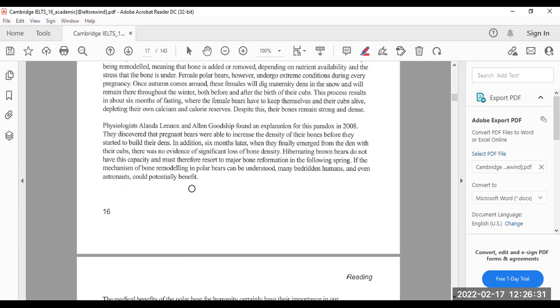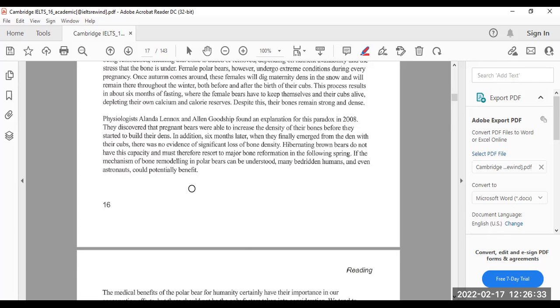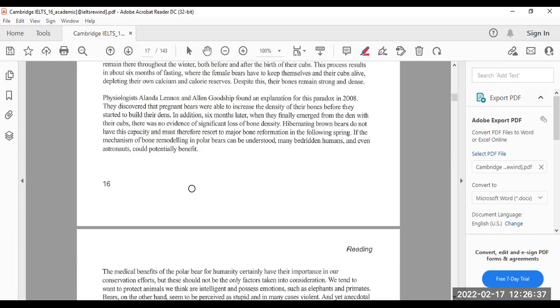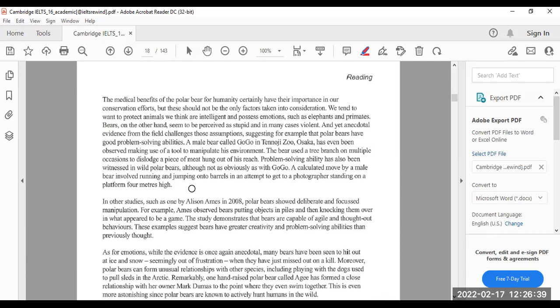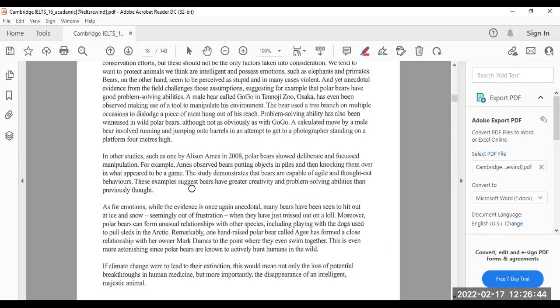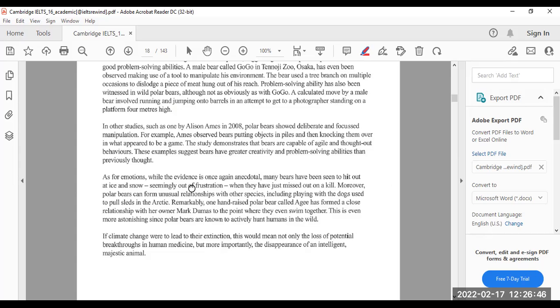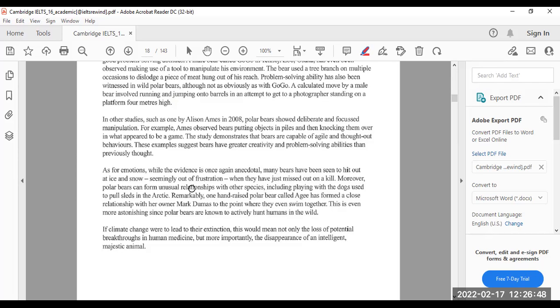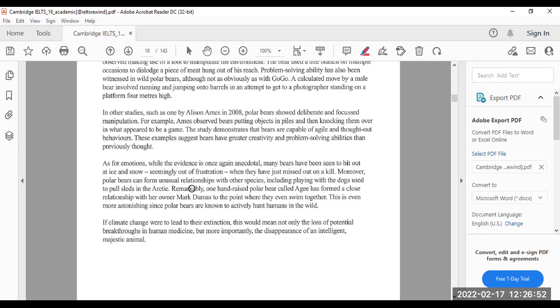Physiologists Alanda Lennox and Alan Goodship found an explanation for this paradox. And the medical benefit of polar bears for humanity. And Alison Ames in 2008: polar bear showed deliberate and focused manipulation.